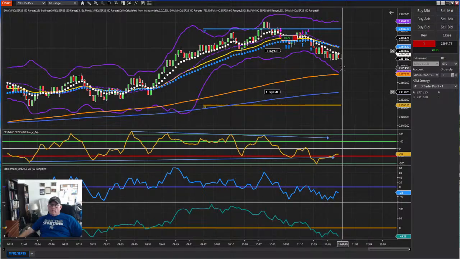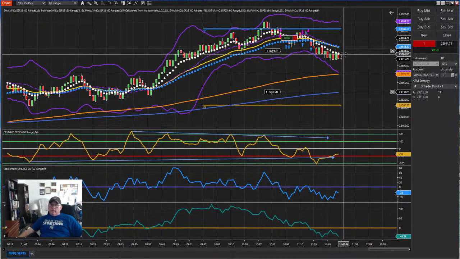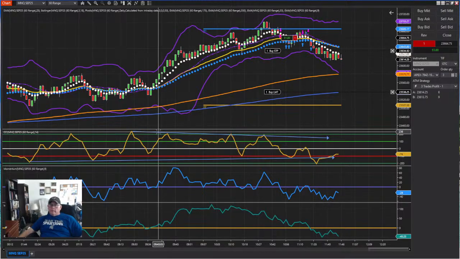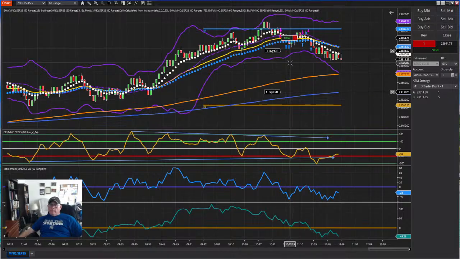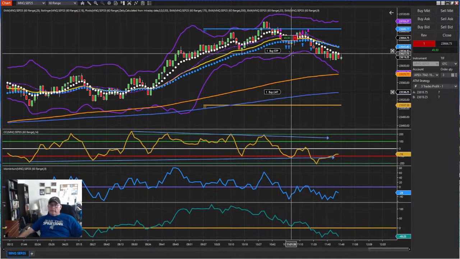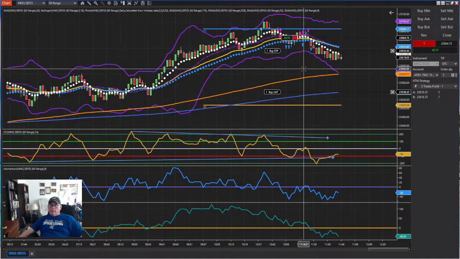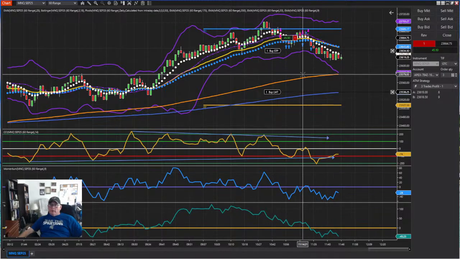If this forms lower, we'll protect this line right there. Maybe. We're definitely coming down to here though. But we need another bar lower. Another range bar lower.